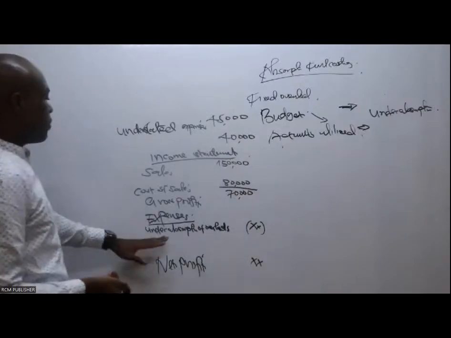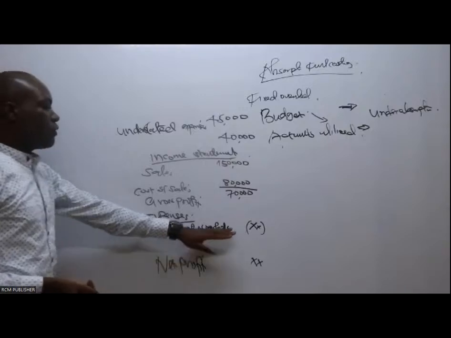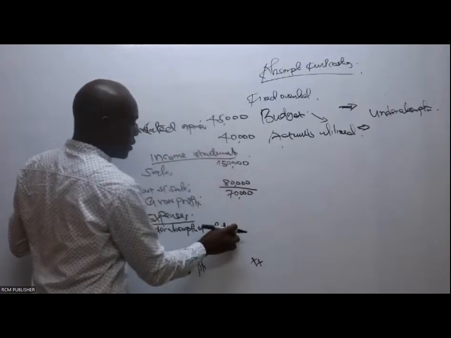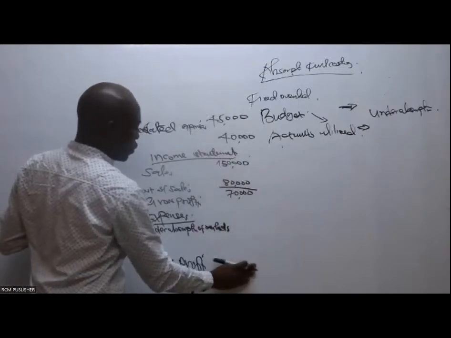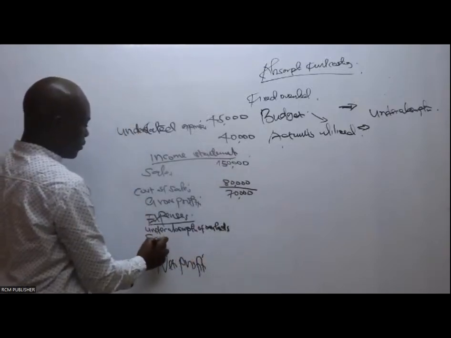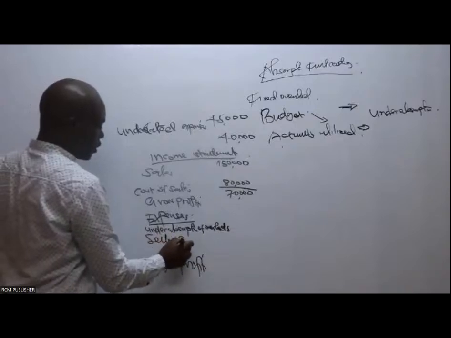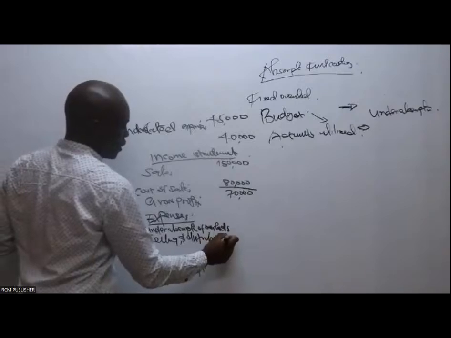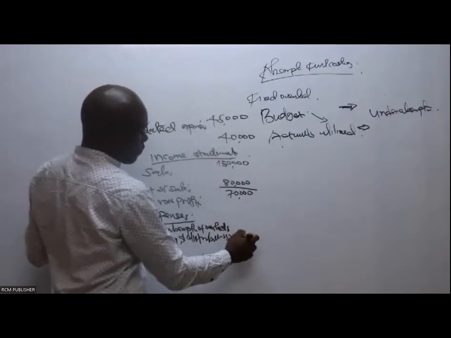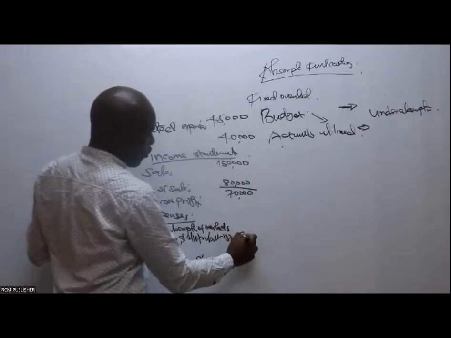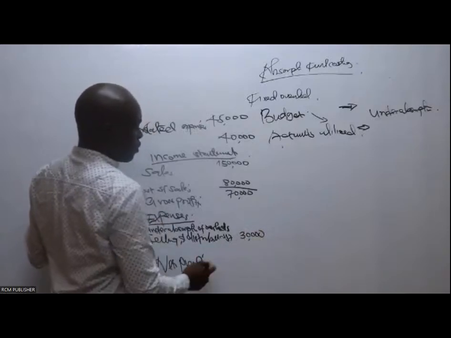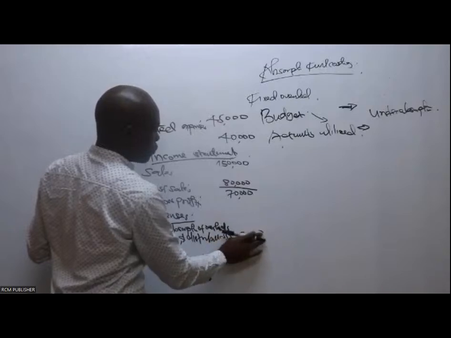And then when I come to under absorption of overhead, which was 5,000, it is not mentioned anywhere. I'm going to have maybe selling and distribution costs. I don't want to use a figure that will take me to 40.